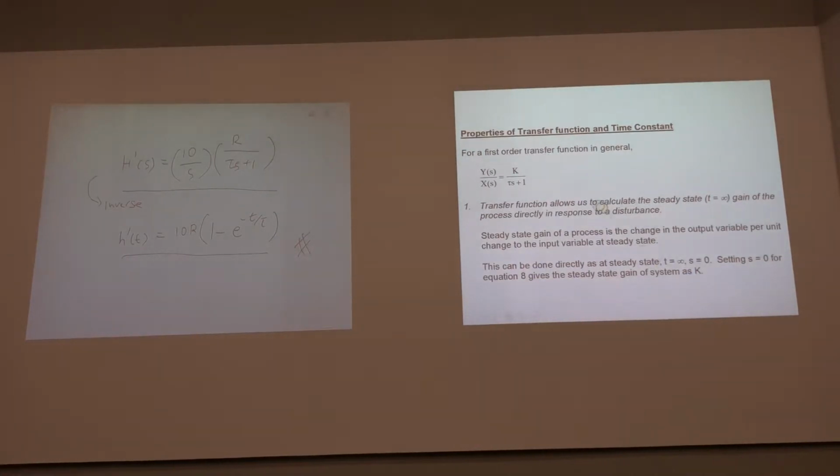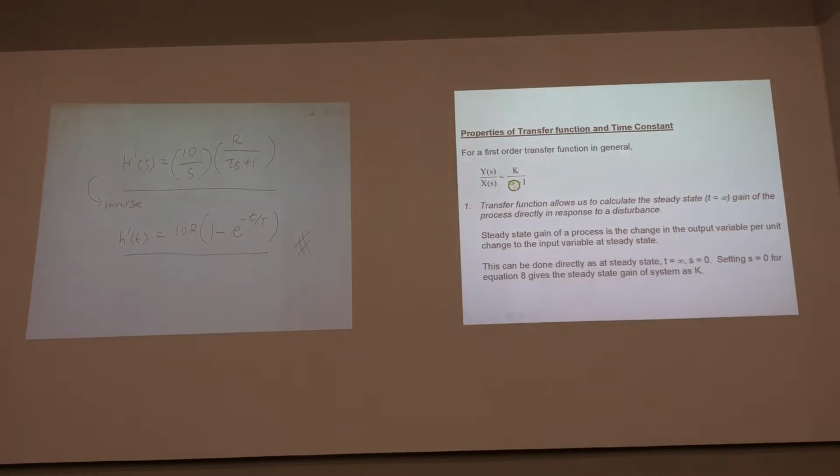An easier way to understand this is that steady state gain is the output variable per unit change. Unit change means this one is 1. Output over input, and during the steady state condition, s equals 0.